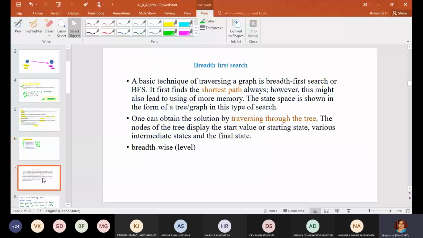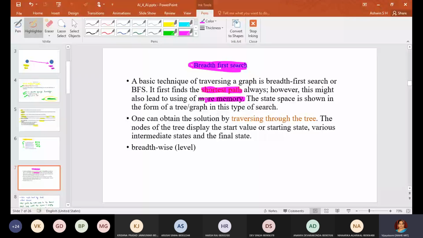So I have gone to the next slide. Here I am discussing breadth first search. It's a basic technique of traversing a graph, breadth first search or BFS. It always finds the shortest path. However, this might also lead to using more memory.